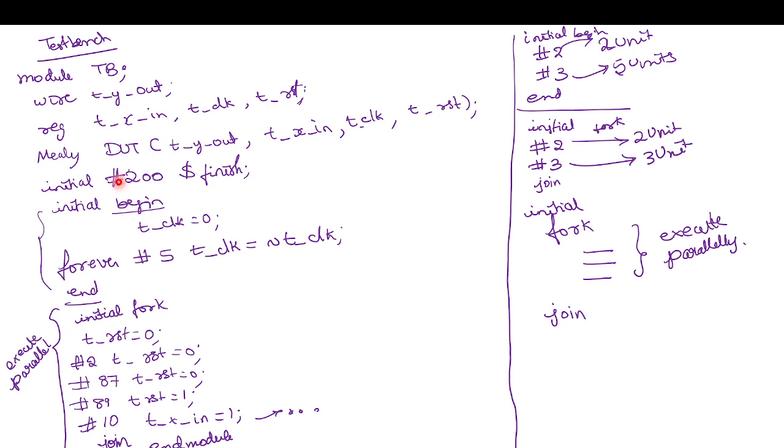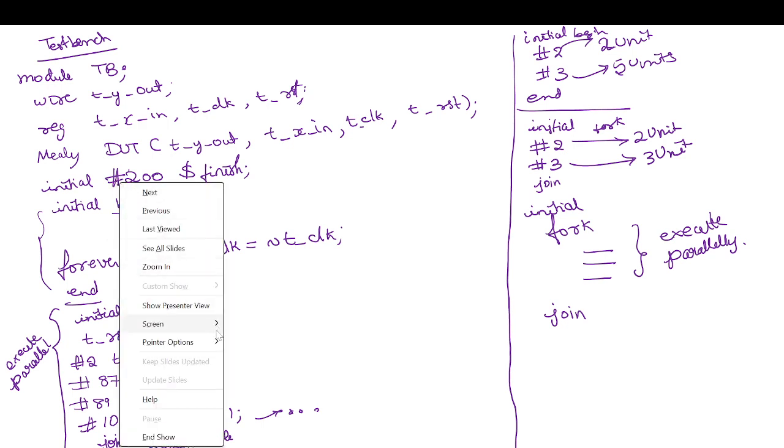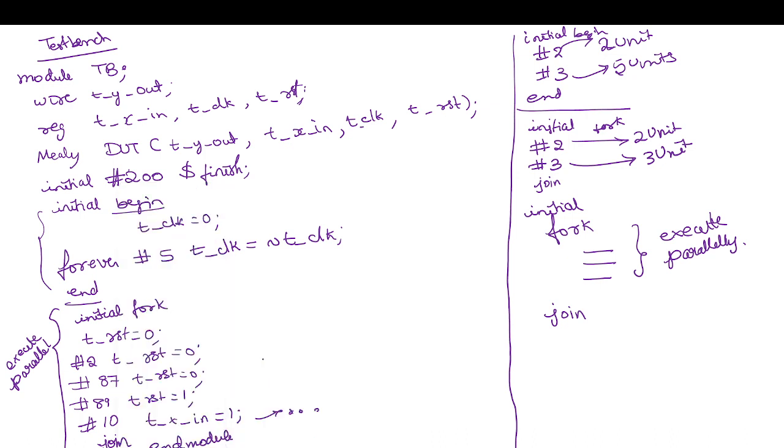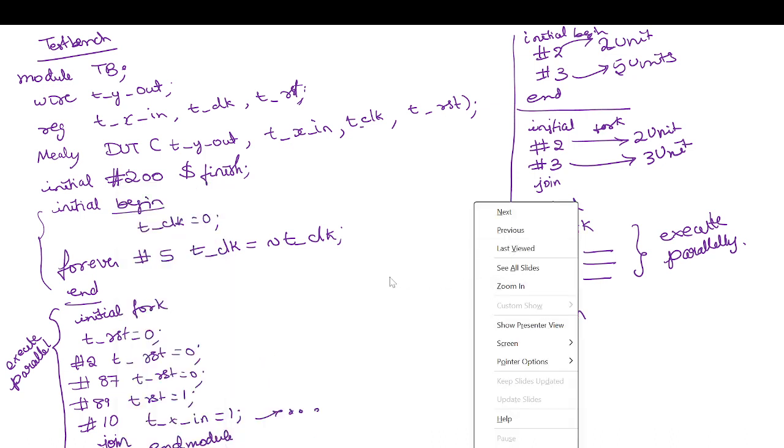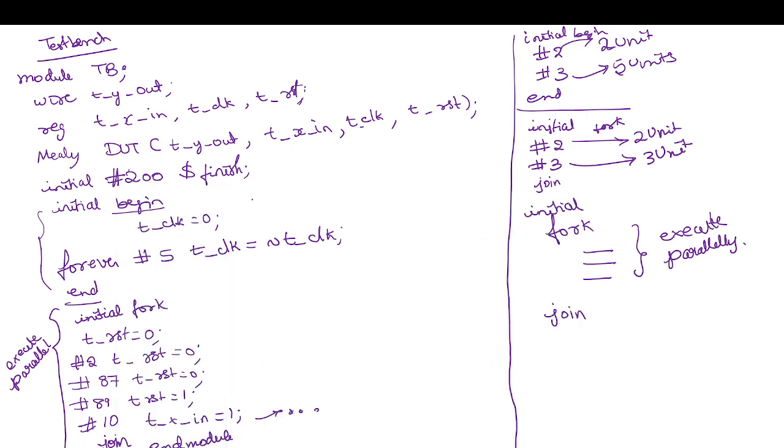And forever is a keyword. It will be first initialized to 0. After 5 units, this clock will be toggling: 5, 10, 15, 20.